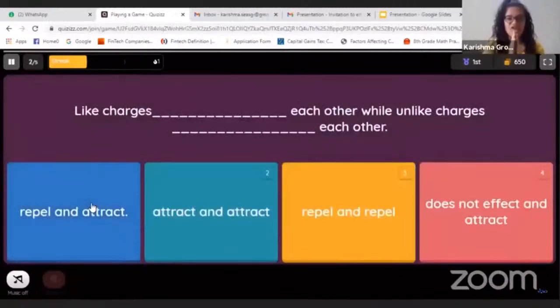Okay, let's go ahead. Like charges blank other like charges, while unlike charges blank each other. Like charges, that is positive and positive, what will happen? Repel. And positive and negative, unlike charges, attract.